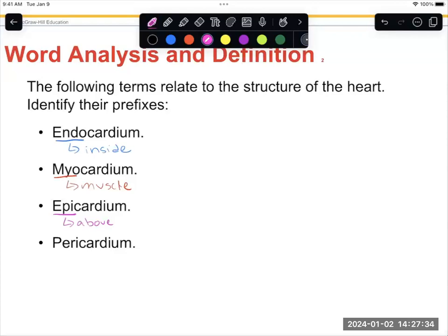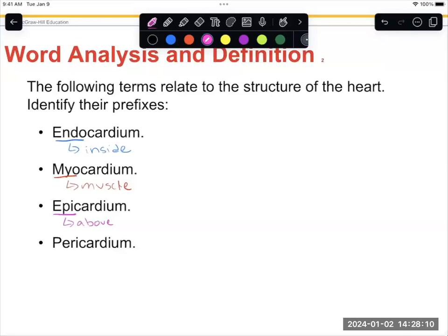Cardi means heart, and the ending means structure or tissue. So the endocardium is the cardiac cells that line the inside of the heart. Myocardium is the cardiac muscle tissue that makes up the middle layer of the heart and allows the heart to contract. Epicardium is the outside layer of the heart.